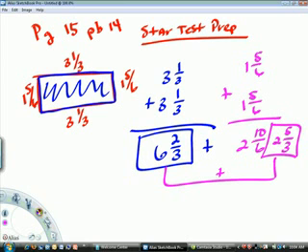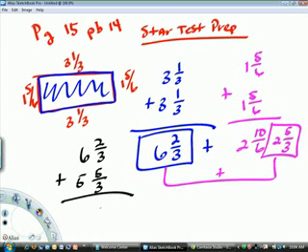So 6 and 2/3 plus 5 and 5/3 equals 11 and 7/3. Is that my final answer?